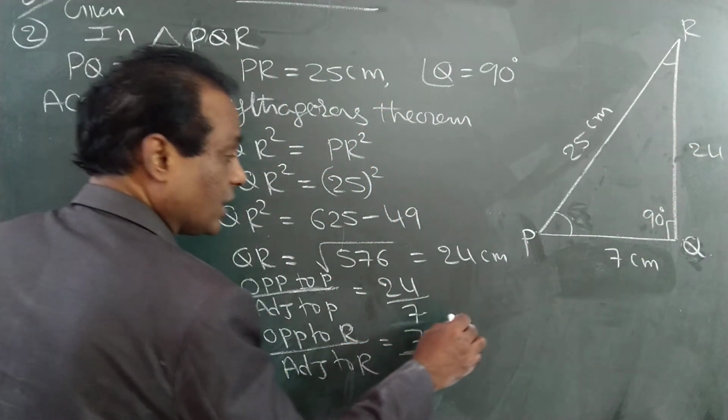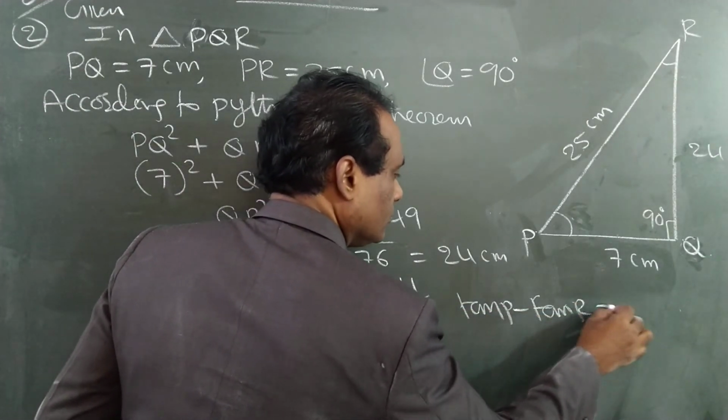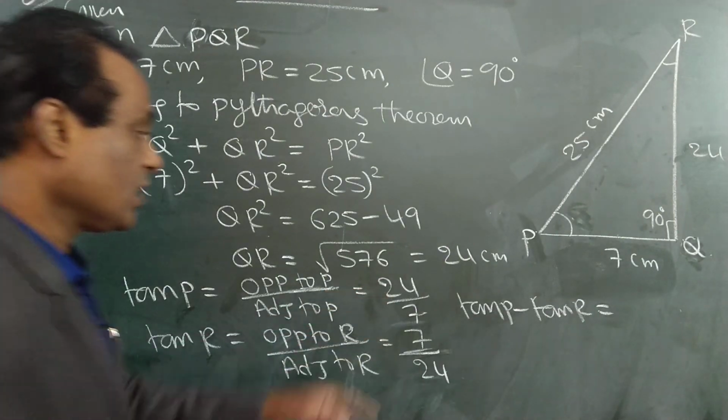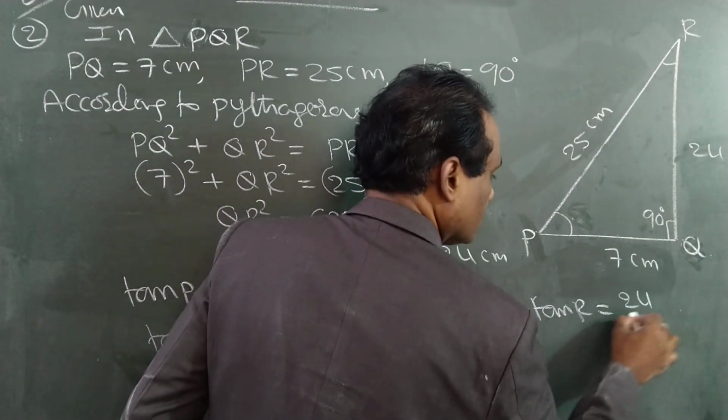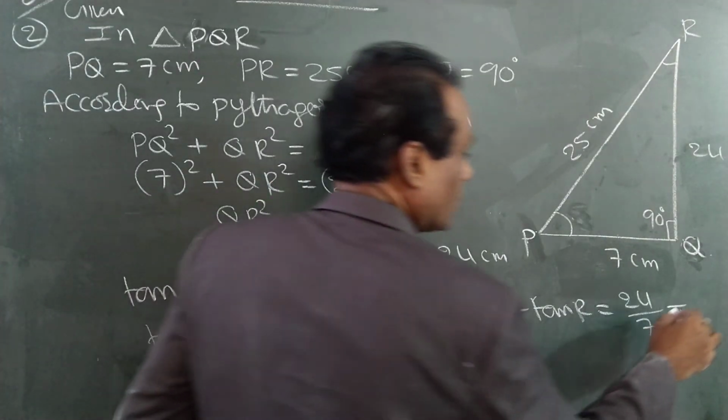What is the required question? Find tan P minus tan R. Tan P is 24 by 7, tan R is 7 by 24. Do it.